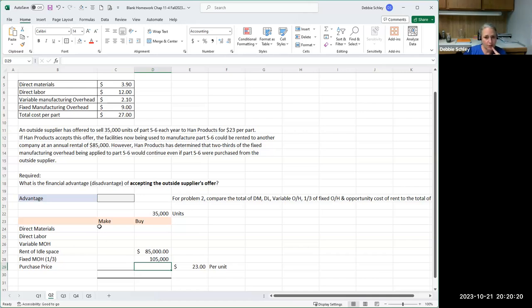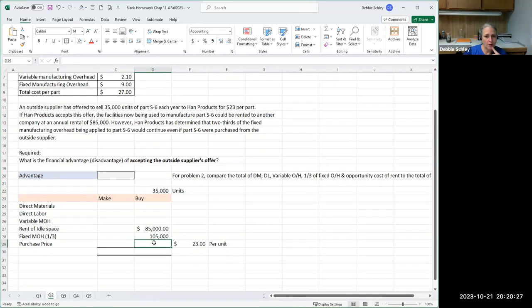So my total purchase price is going to be that 35,000 units times the purchase price. Okay. So in this, we're going to get revenue of 85,000 and then this expense and this expense if we buy.